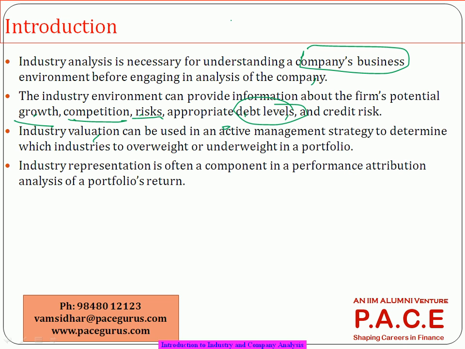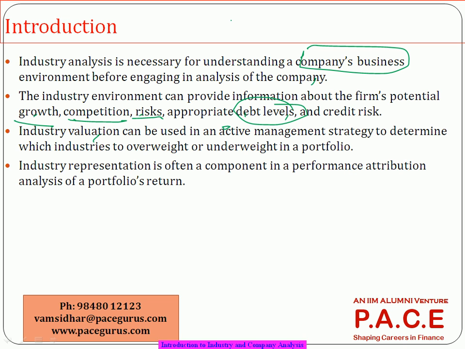We'll always look at which sector is doing well, and within that sector, which companies are doing well. Sometimes we say, "Oh, the automobile industry as a whole is showing some kind of a slump." The generic statement we typically see is, yeah, the automobile industry as a whole is showing a slump, so probably out of these companies one is much better compared to all.